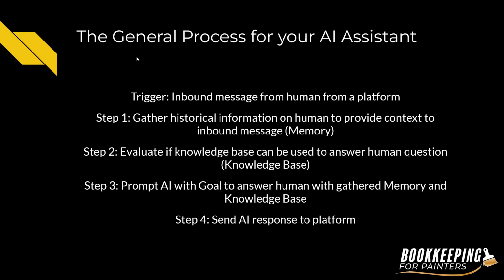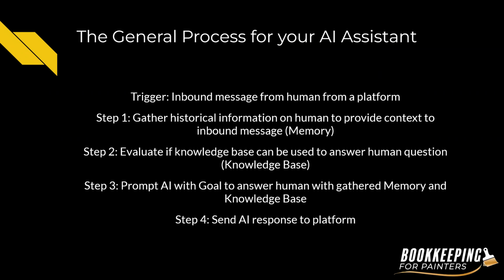So the general process for your AI assistant. We're going to go through in detail how to set this up in Zapier, but this is the big picture idea before we get into the details. First, the trigger for this process, no matter what your use case is, is an inbound message from a human from a particular platform.